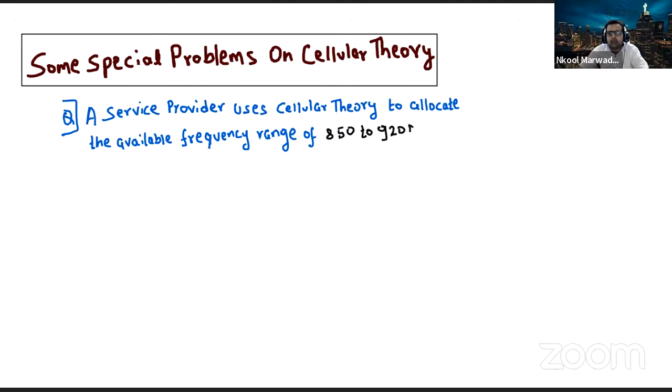So here the frequency range, the band is from 850 to 920, not from 0 to 850. The starting frequency is 850, the highest possible frequency is 920. So this band is given. So the group of frequencies lying from 850 to 920 is the frequency band which is available to us. This is the total frequency.